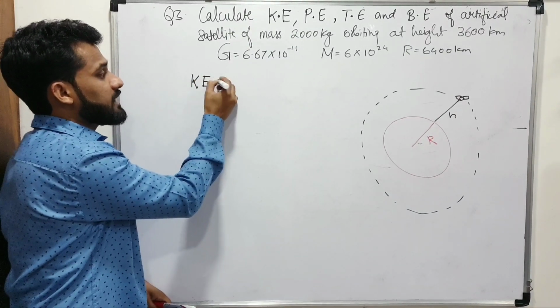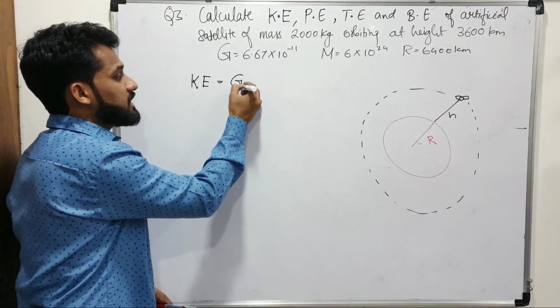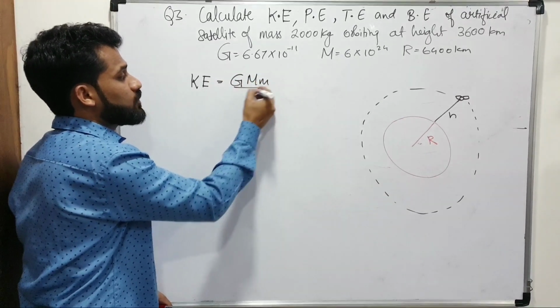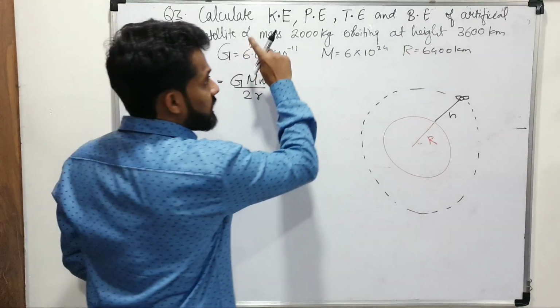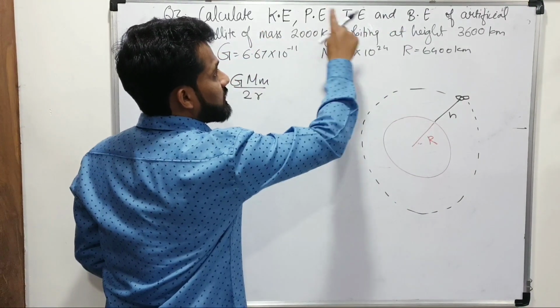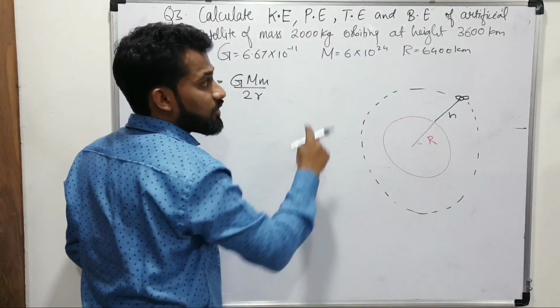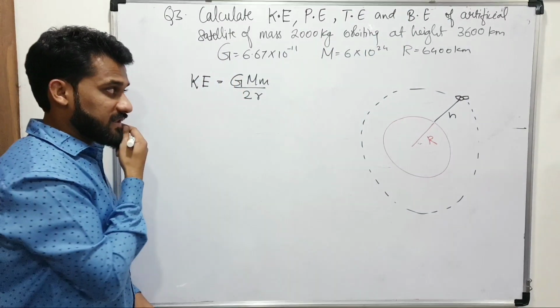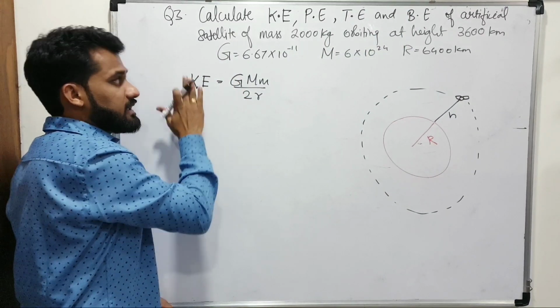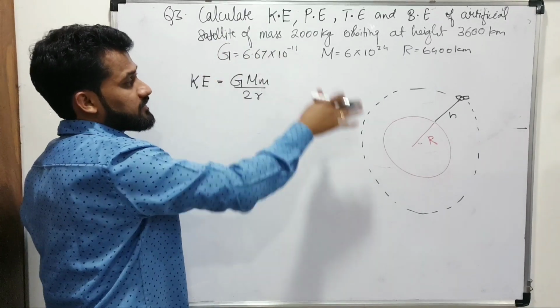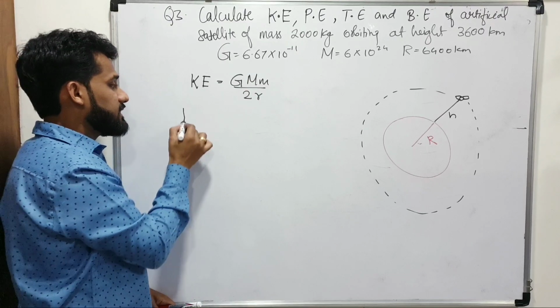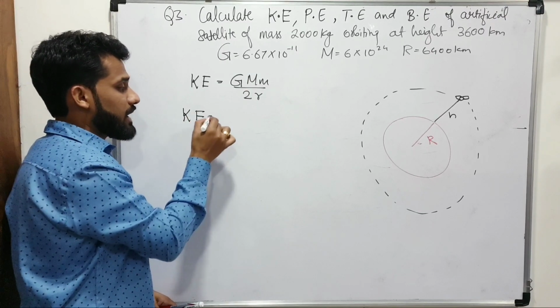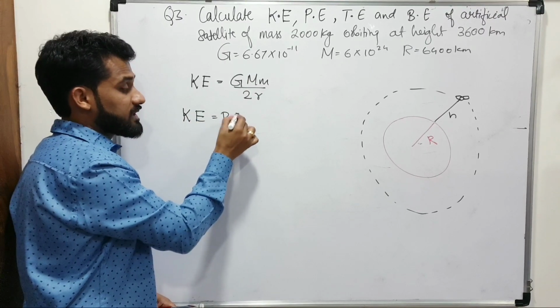The formula of kinetic energy is GMm over 2r. Okay, and for the relation between the energies, kinetic, potential, total and binding for an orbiting satellite, you must remember this relation. Kinetic is always equal to binding for a revolving satellite.